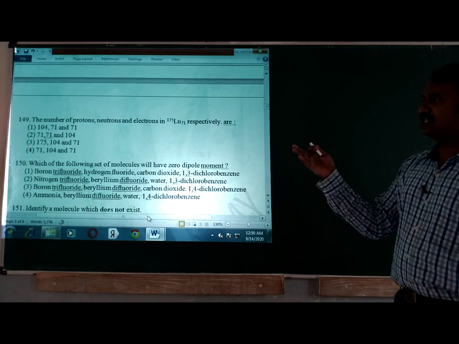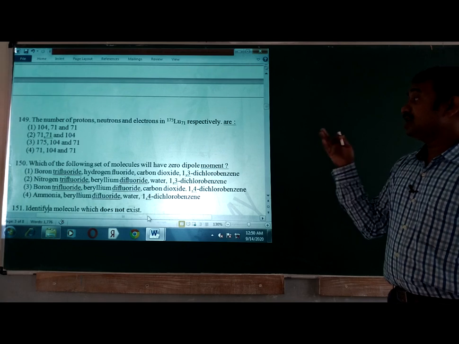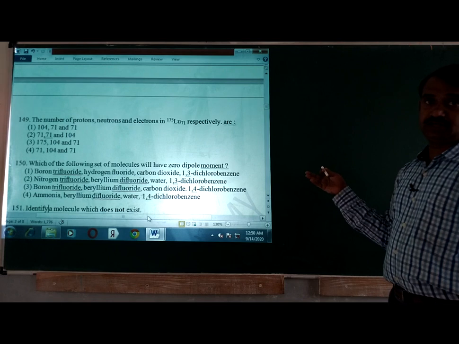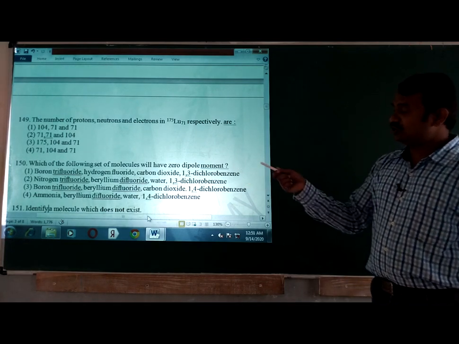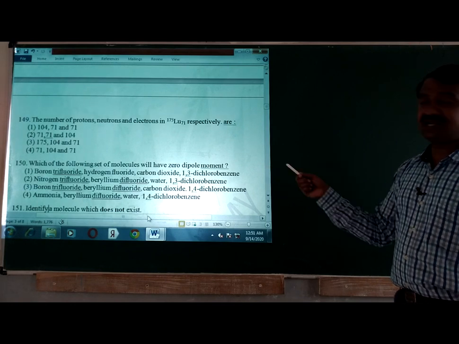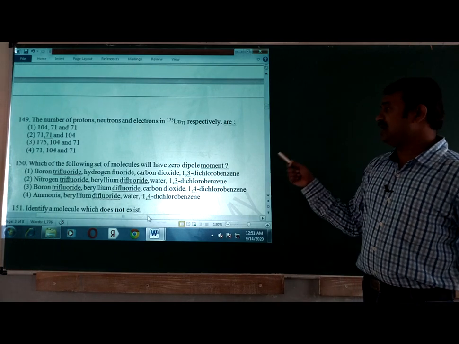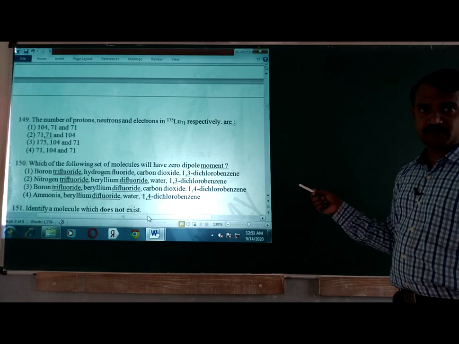The first one, boron trifluoride, has zero dipole moment. Hydrogen fluoride, carbon dioxide and 1,3 dichlorobenzene: the dipole moment is not zero. Next, nitrogen trifluoride, beryllium difluoride, water: water has a non-zero dipole moment, and 1,3 dichlorobenzene also has a dipole moment.